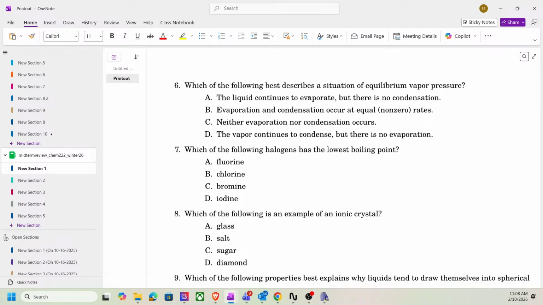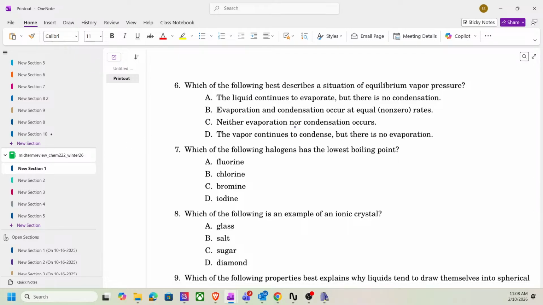All right, number 6, what best describes our equilibrium vapor? Any votes for A, liquid continues to evaporate but no condensation? B, any votes? I see lots of votes. Evaporation and condensation occur at equal but non-zero rates. That sounds good.